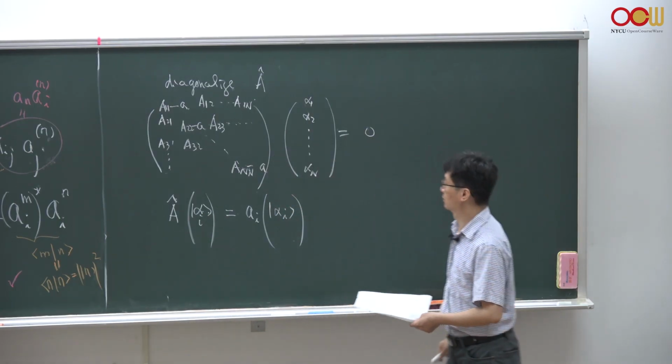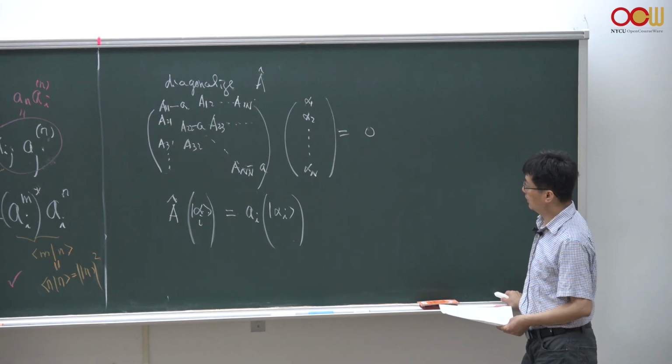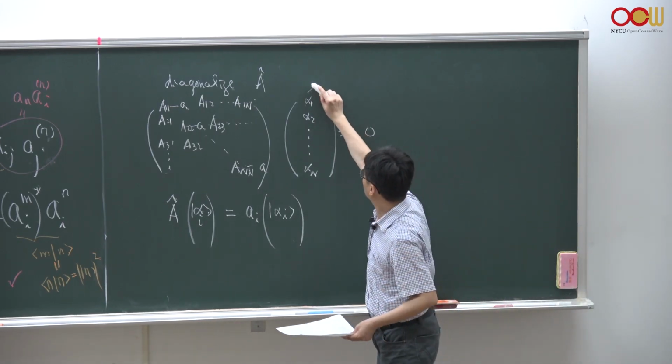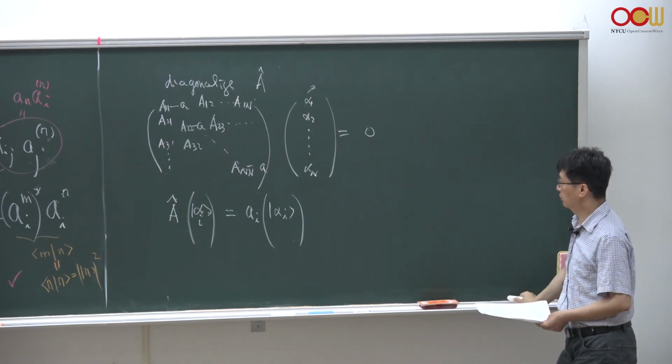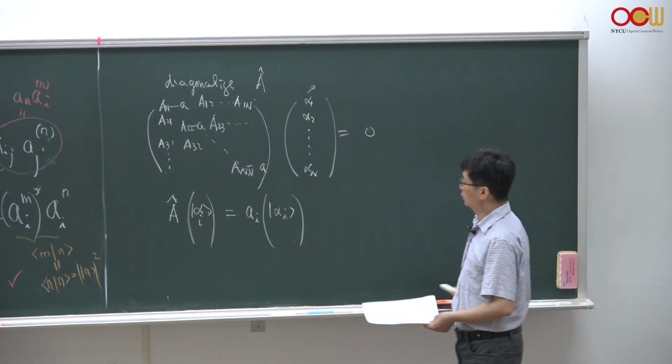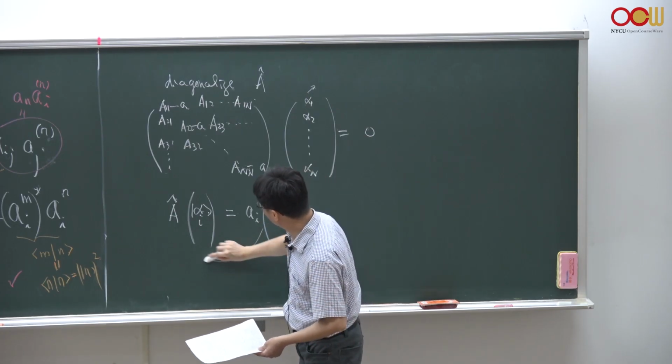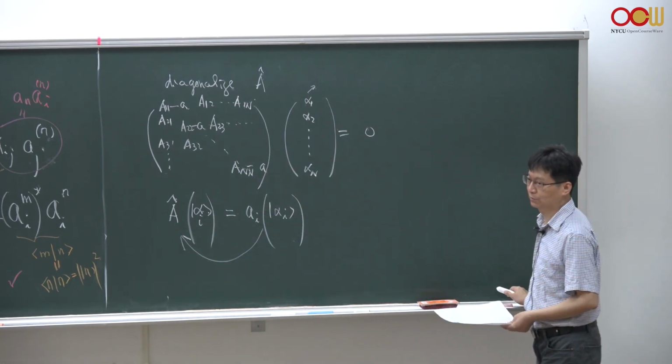You could get this eigenvalue equation. Suppose for general eigenvectors, which is denoted by this alpha column matrix, alpha 1 to alpha n as matrix elements, and then you simply move this to the left from the right.